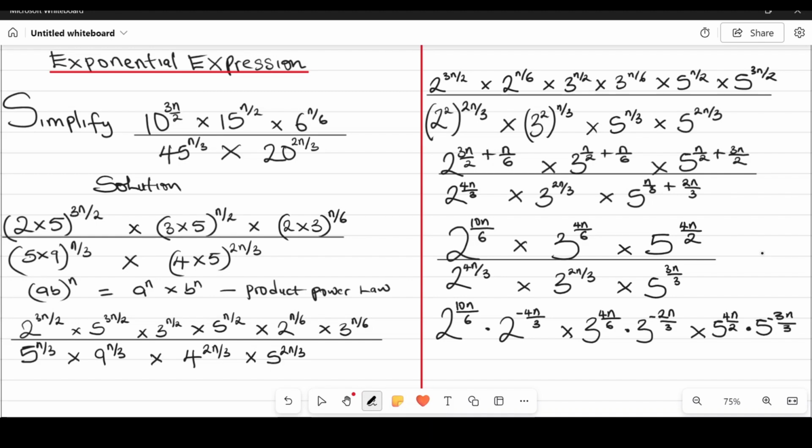So what we did is that we just applied the laws of division, and we are able to arrive at this expression.